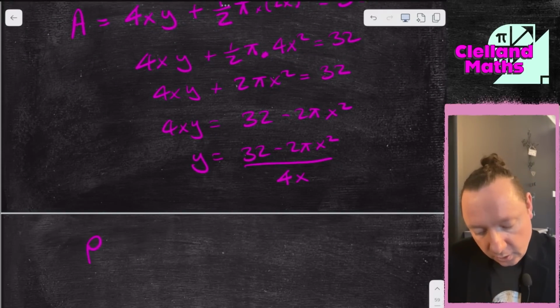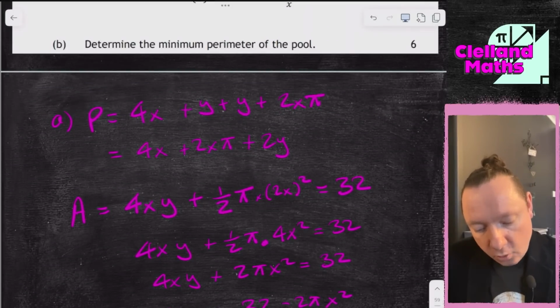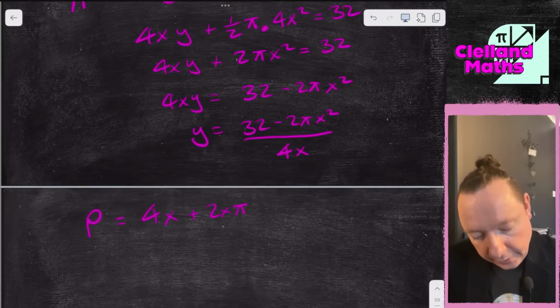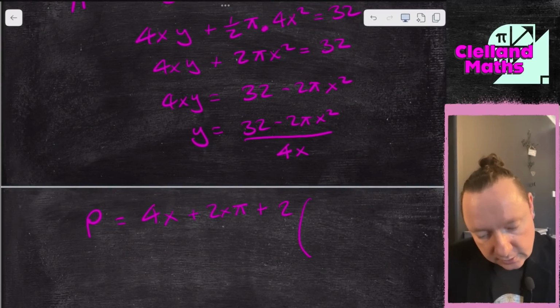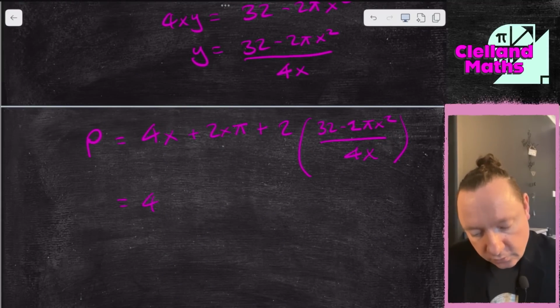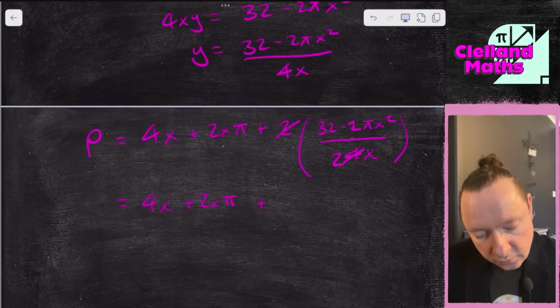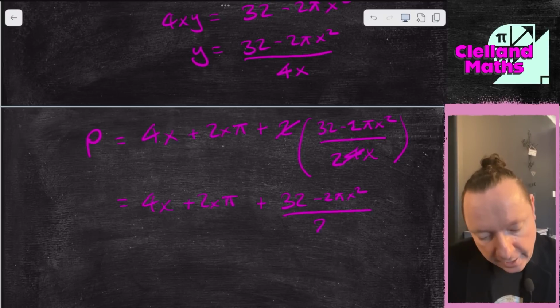So our perimeter is equal to 4x plus 2x pi plus 2y, plus 2 lots of this. I'll try and simplify that. So that's a fraction. So that's 4x plus 2x pi, the 2 cancels to give me 2 on the bottom, so plus 32 minus 2 pi x squared all over 2x.